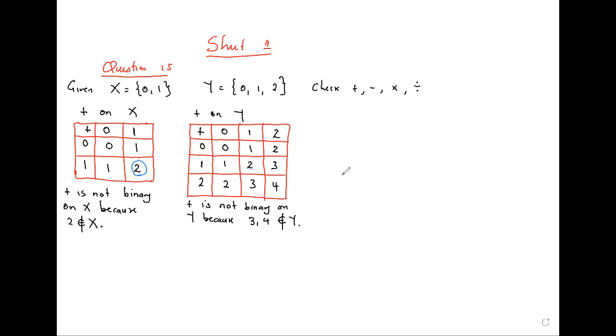Subtraction on X. Again, we form a table, so we have minus, 0, 1, and 0, 1.